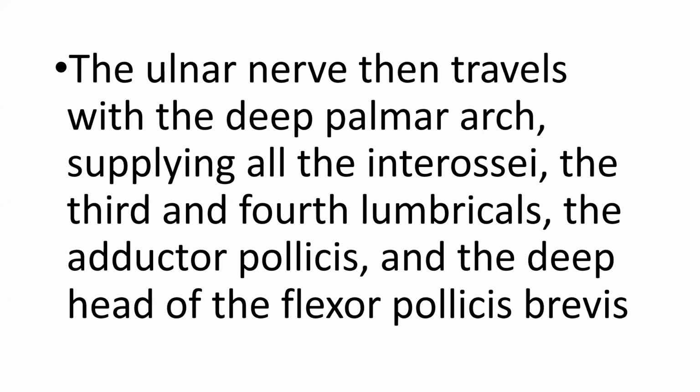The ulnar nerve then travels with the deep palmar arch, supplying all the interossei, the third and fourth lumbricals, the adductor pollicis to the thumb, and the deep head of the flexor pollicis brevis.